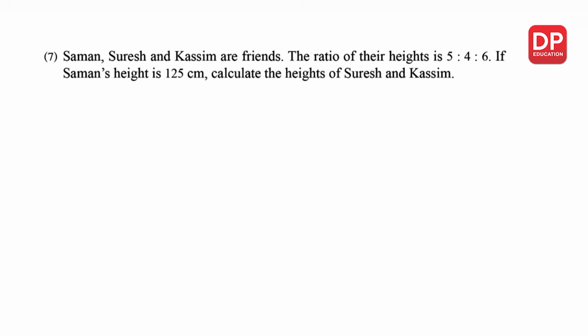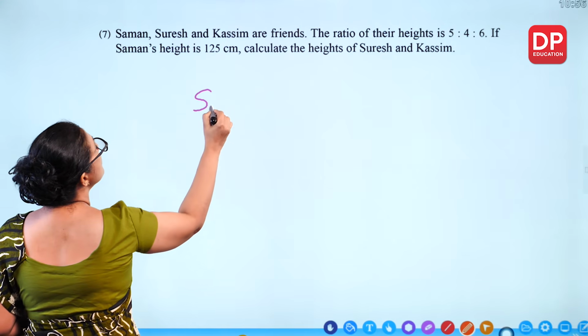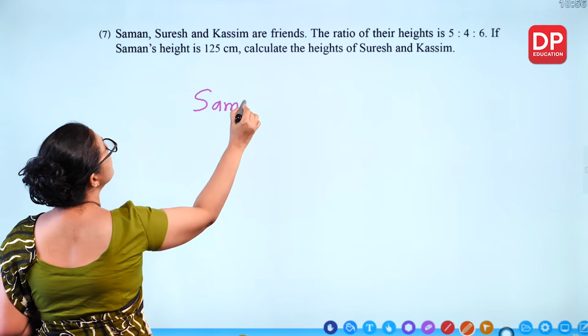Question number 7. Saman, Suresh and Kasim are friends. The ratio of their heights is 5 to 4 to 6. If Saman's height is 125, calculate the heights of Suresh and Kasim. So who are the 3 friends?